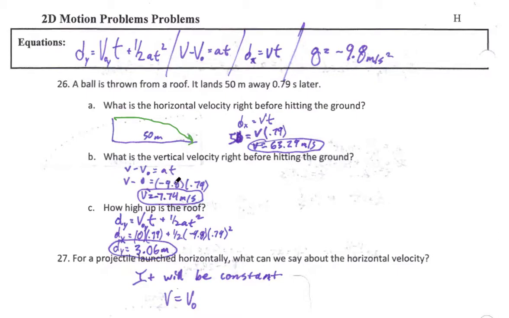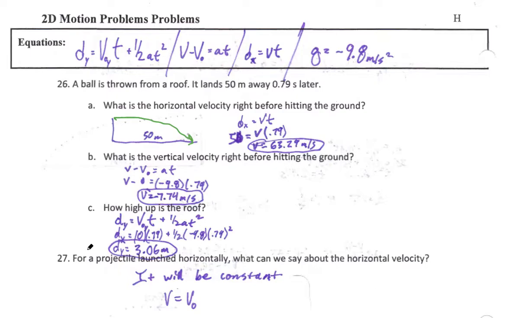So we know acceleration from gravity, we know our time, multiply those out, and we come out with negative 7.74 meters per second. And the negative should make sense because we are going down at that point. Right before hitting the ground, we are in the downwards direction, so negative's good.